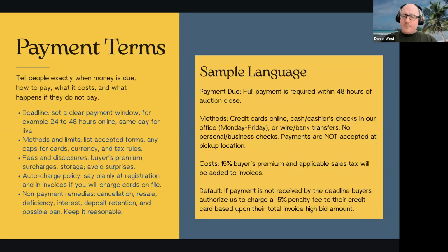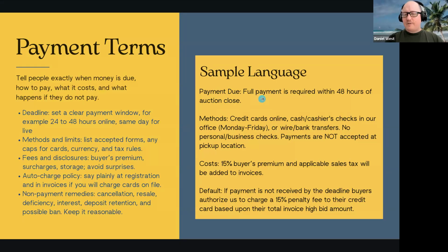All right. You see the sample language on the right-hand side. Again, please make up your own, right? These are just sort of guidelines, but they do contain all of the basics for the payment section. So again, let's just cover it real quick. I won't beat a dead horse here, but you do want to say when the payment is due.